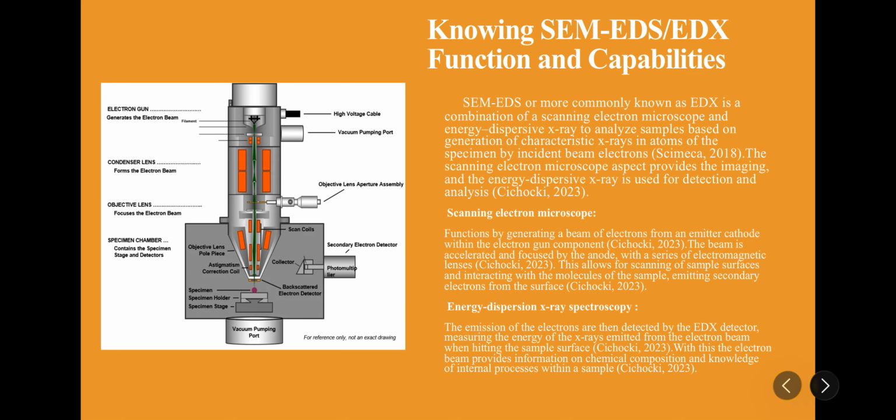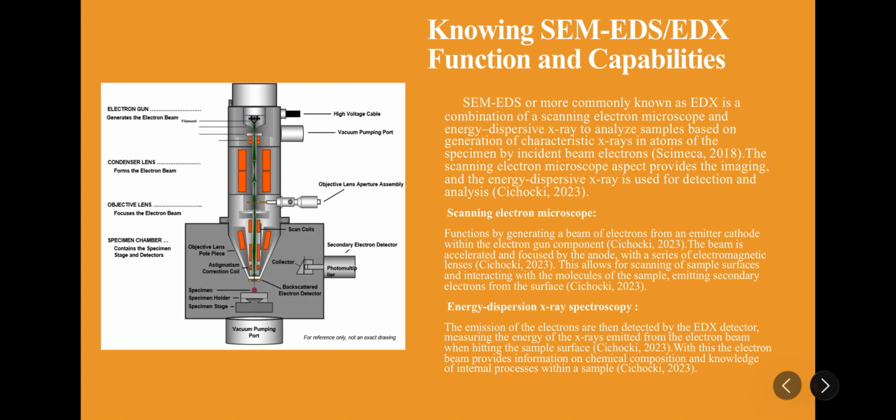The scanning electron microscope functions by generating a beam of electrons from an emitter cathode within the electron gun component. The beam is accelerated and focused by the anode with a series of electromagnetic lenses. This allows for scanning of the sample surfaces and interacting with the molecules of the sample, emitting secondary electrons from the surface.